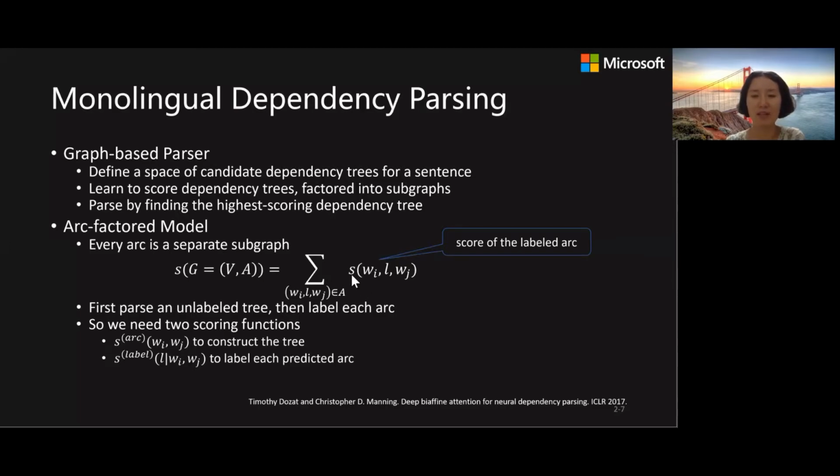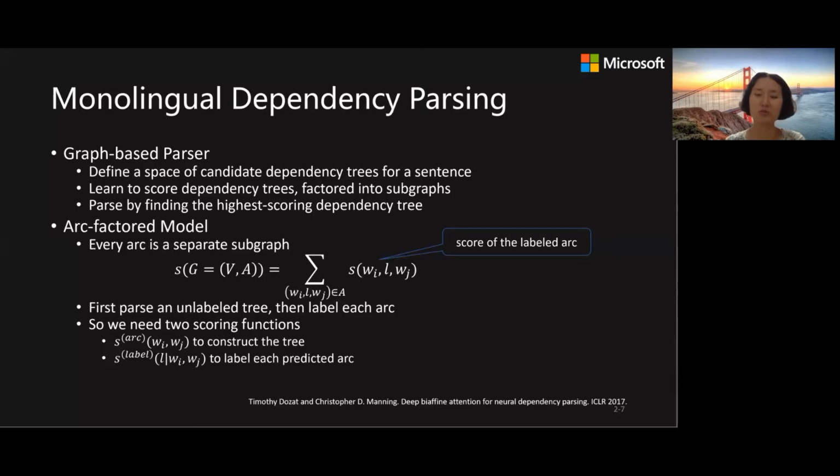Here, S is the score of the arc composed of Wi, L, and Wg. In inference, we usually first parse and derive an unlabeled tree, which can be viewed as finding a head for each word. Then for each word with its predicted head, we label it with a predefined category set.